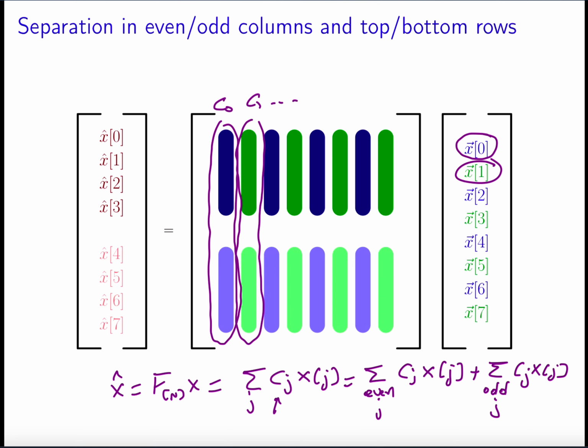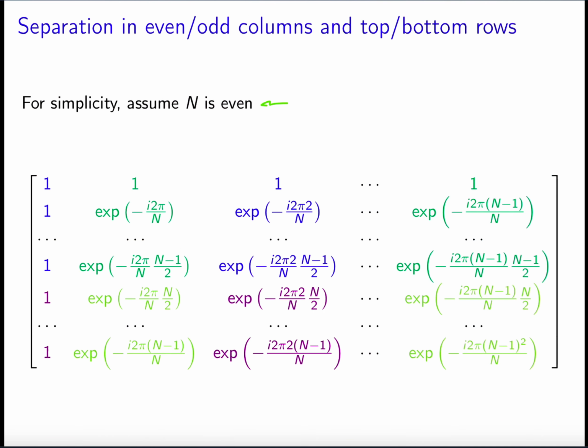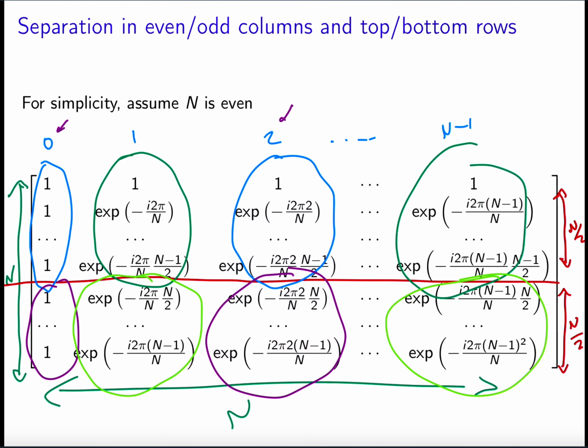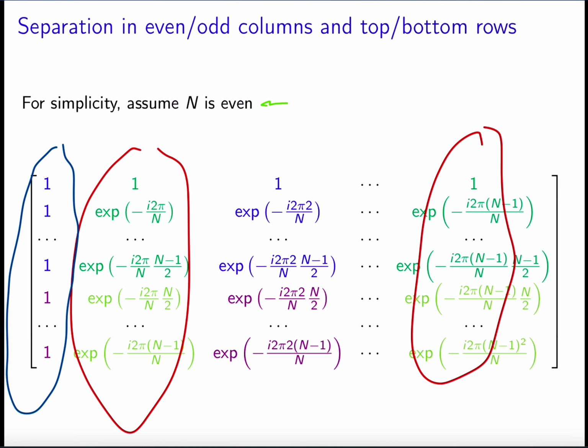We also said that these odd columns can be obtained from the even columns by just weighting them by certain numbers.